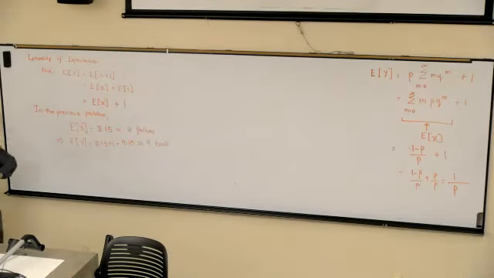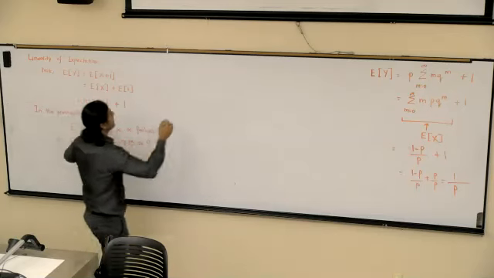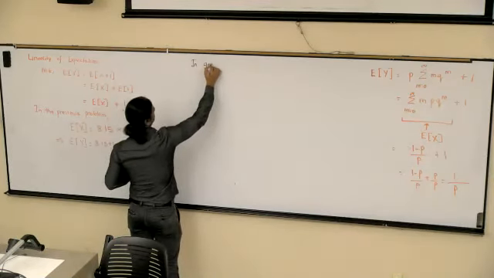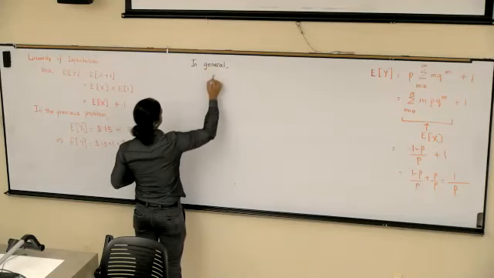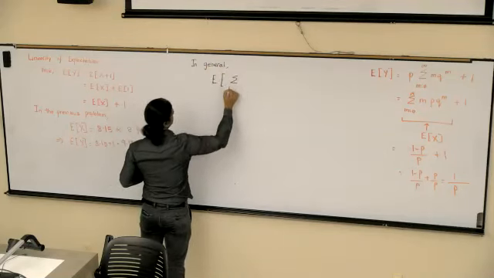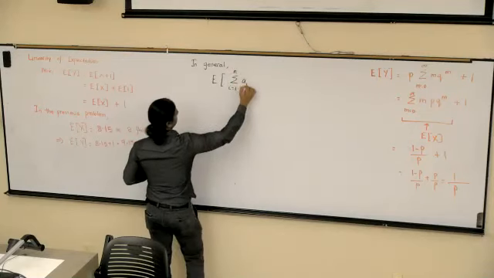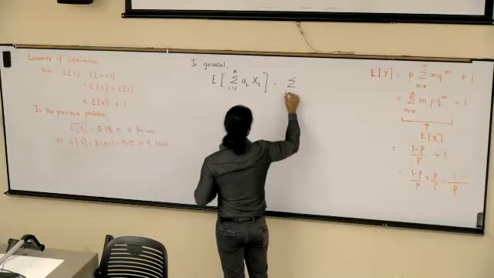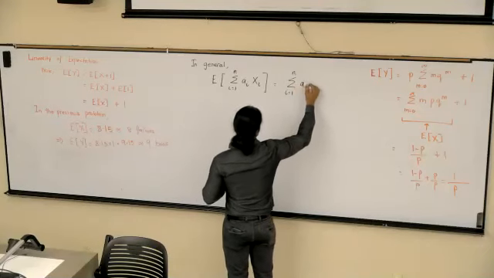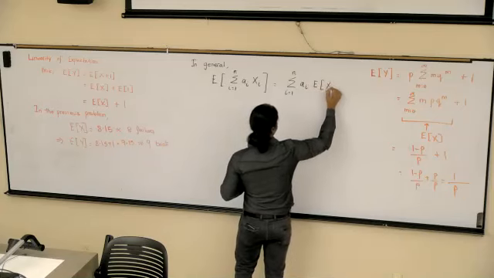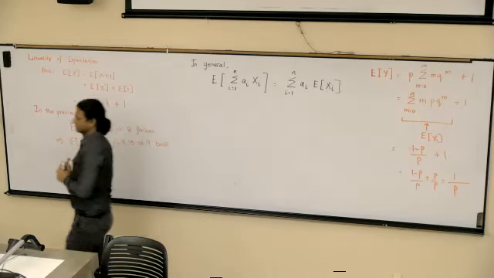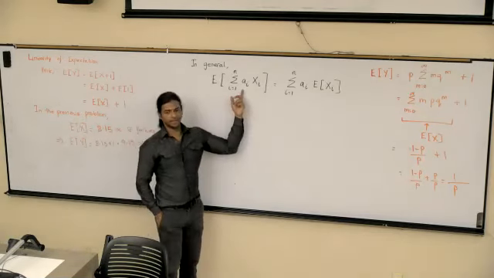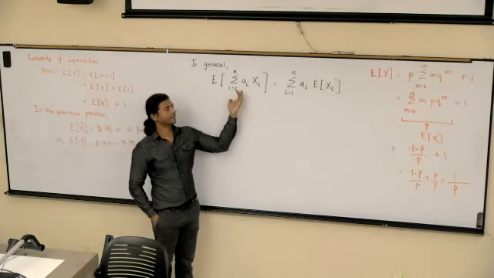I'll write the general property of linearity of expectation. In general, you have some values, a_i, that are real numbers.